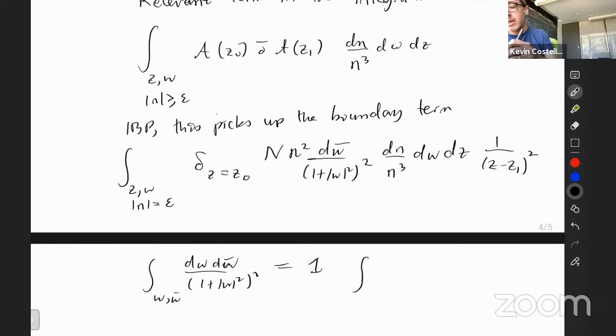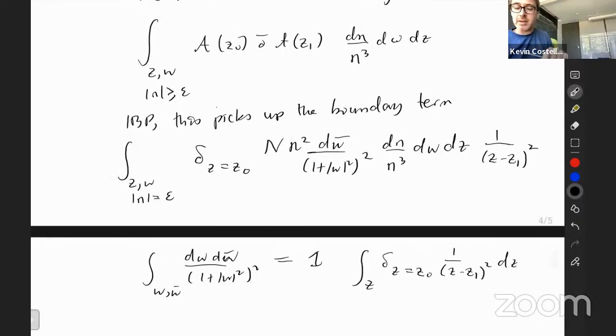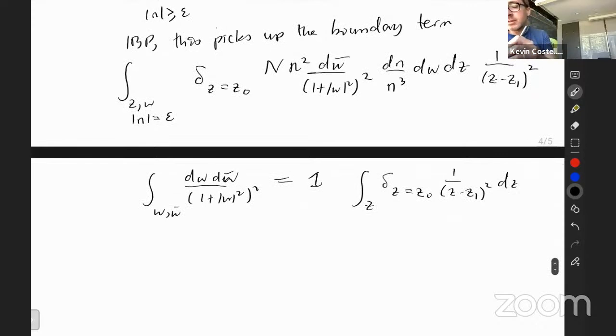The integral over z, well, because I have a delta function in the integrand, all that does is produce 1 over z0 minus c1 squared. And that looks good. And finally, we have a contour integral over n.